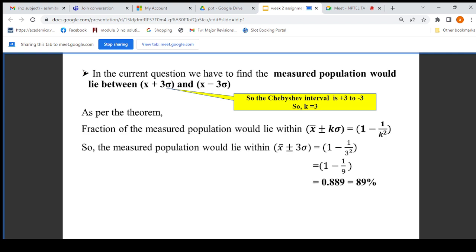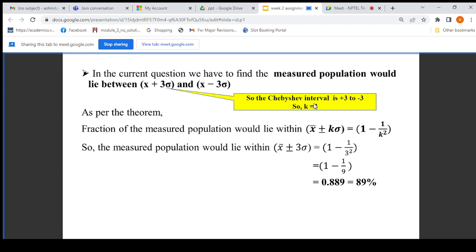The theorem says that if a measured sample of a population lies within x plus or minus k sigma, then the fraction of the population in that interval should be 1 minus 1 by k square.